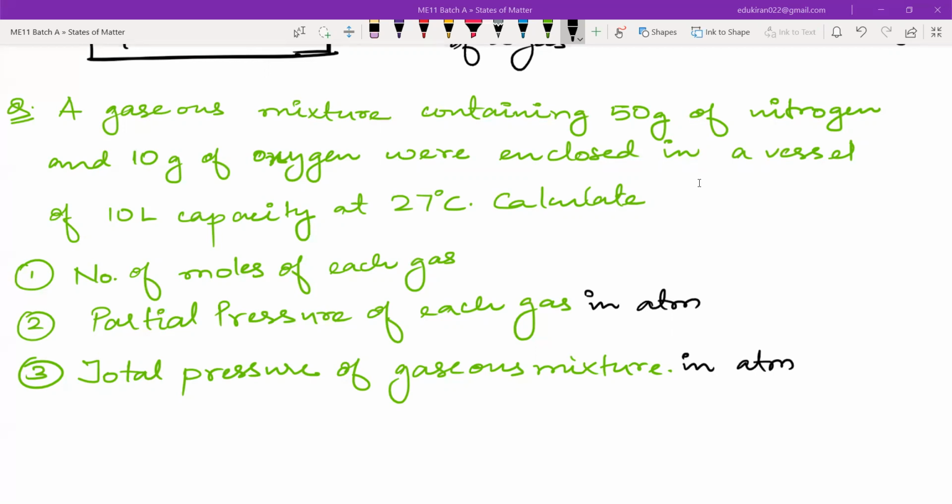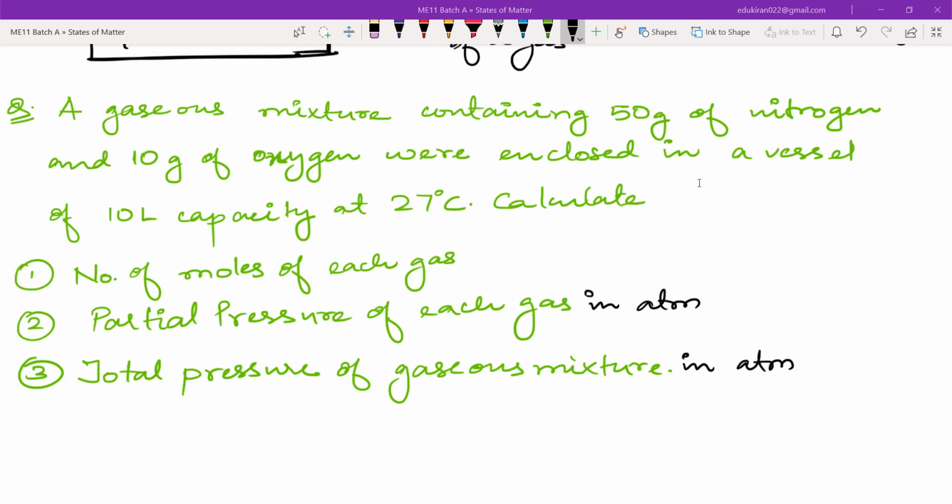Shravya, can you please turn the mic on? Yes, sir. What is your partial pressure of N2? So I got partial pressure of N2 as 4.378. Okay, fine. Then what is the partial pressure of O2? 7.626. Okay, fine. Keep the mic on.